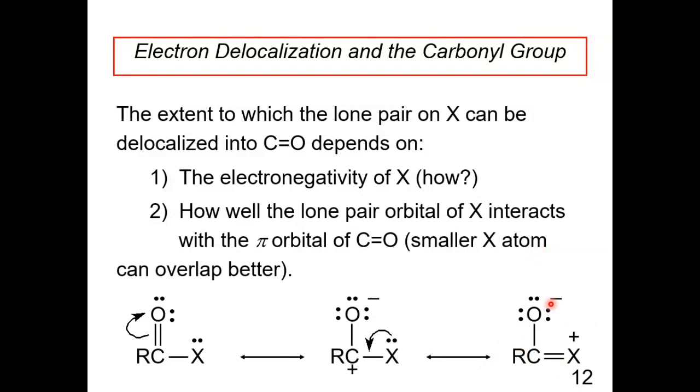So that leads to the important factor: the smaller the atom is, the more stable this resonance form will be, because with a smaller atom this double bond will be shorter. Shorter means stronger. If the double bond is stronger, then this form makes a greater contribution.